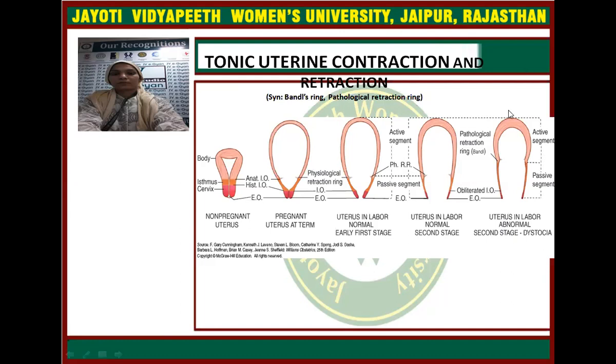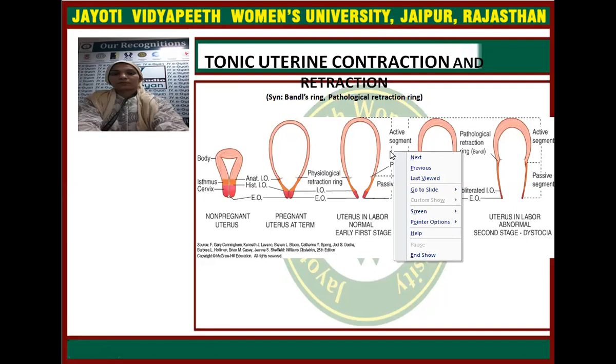So this is the pathological retraction ring, and this will cause stress to the fetus inside. So fetal stress will be there, and there are chances for fetal mortality, or there will be a problem in the progress of the labor. So labor will be obstructed also, and labor will be prolonged also. So that is the presence of a pathological retraction ring.